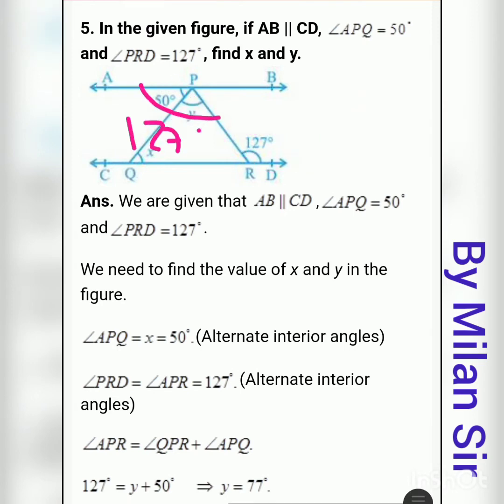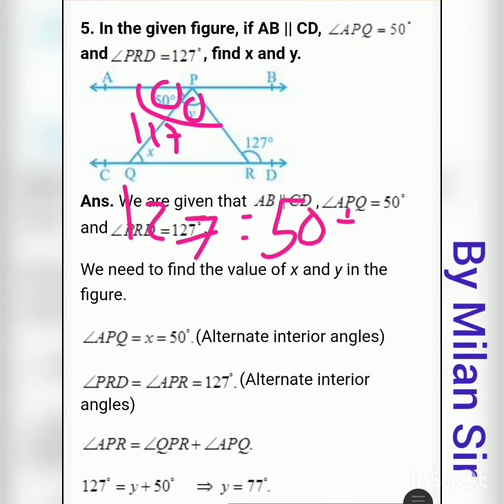Now 127 is the addition of two angles, 50 and y. So 127 is equal to 50 plus y. Now for finding out the value of y, just transfer this 50 to the left hand side, so it becomes negative.